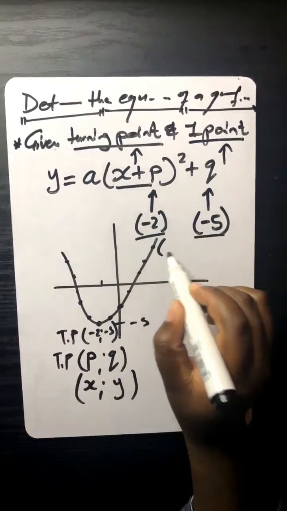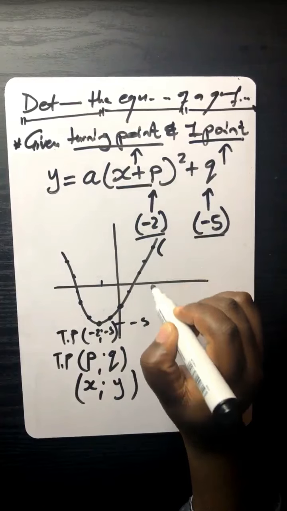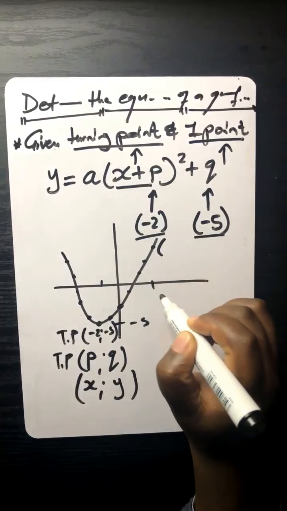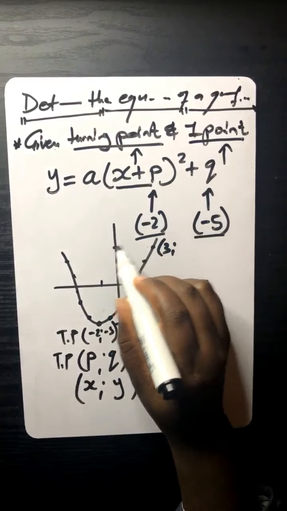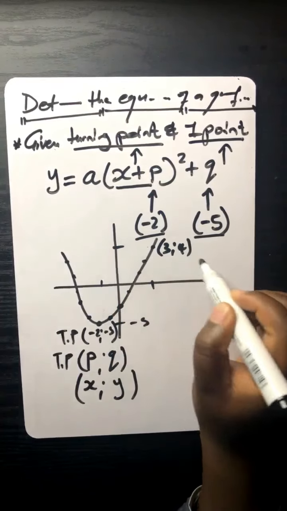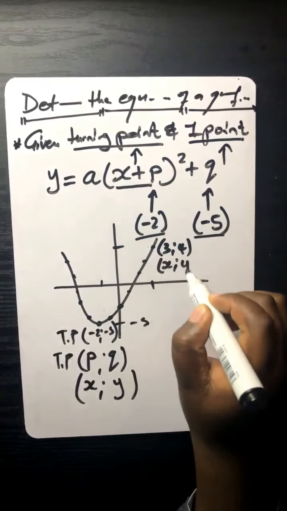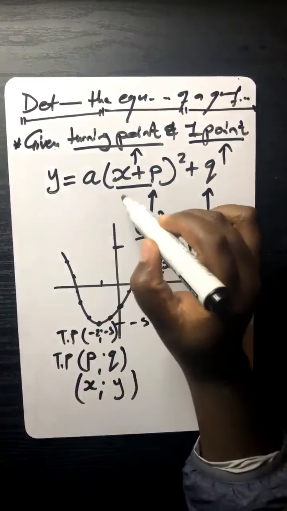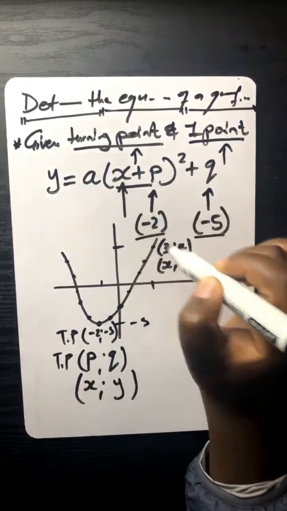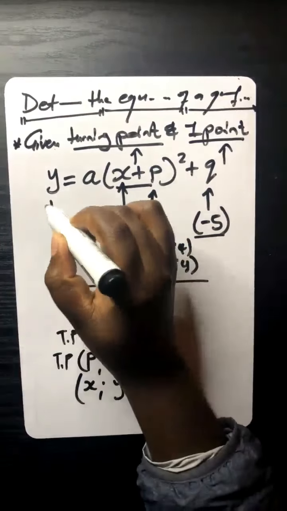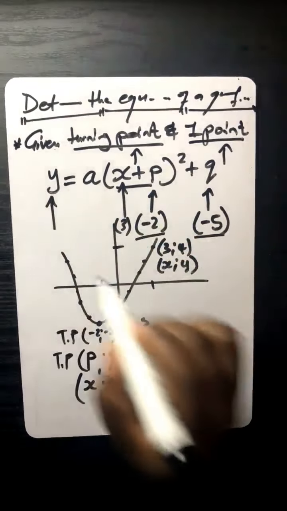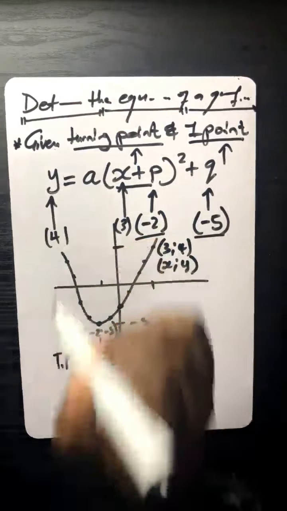Let's say, for example, the x value is 3, and the y value there is 4. So this is x and y. This is where you substitute your x value, which is going to be 3, and this is where you substitute your y value, which is going to be 4.